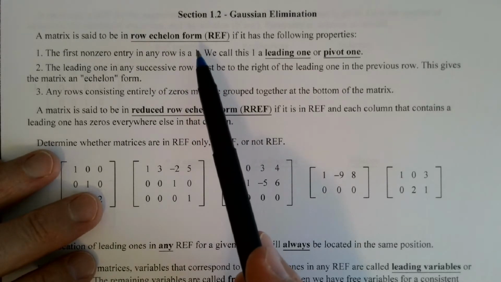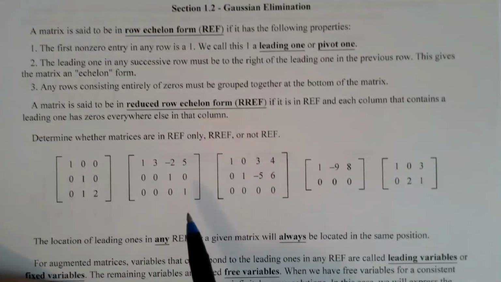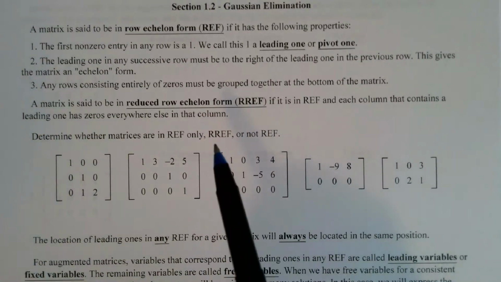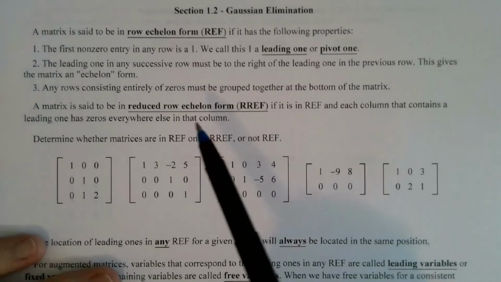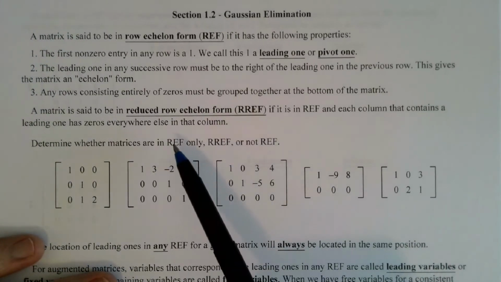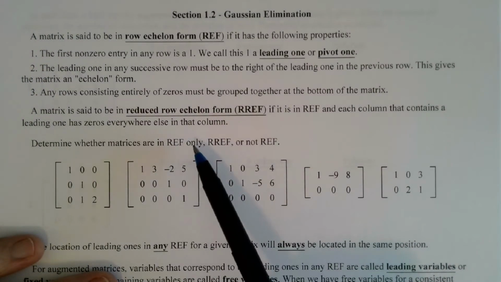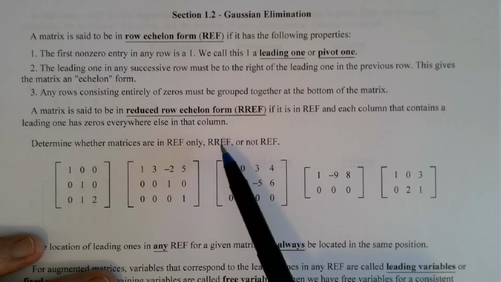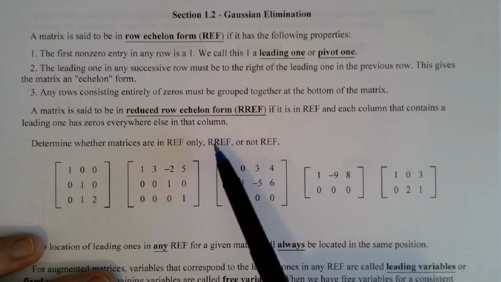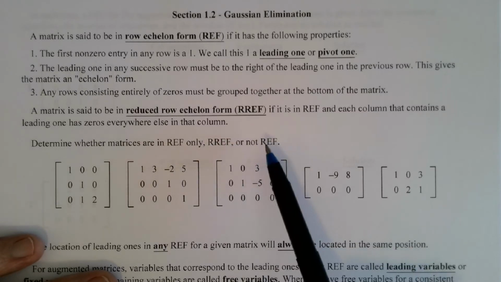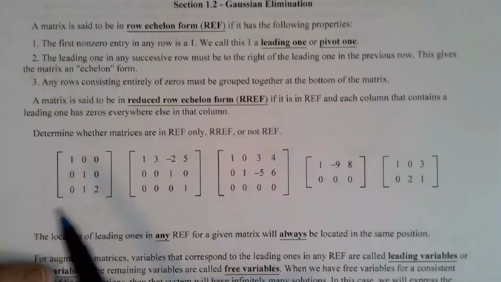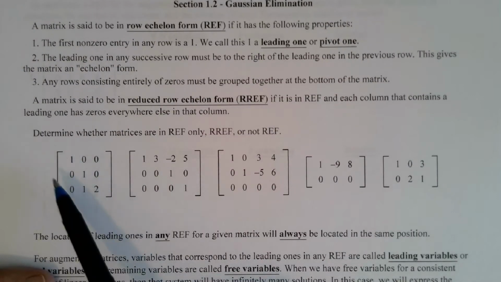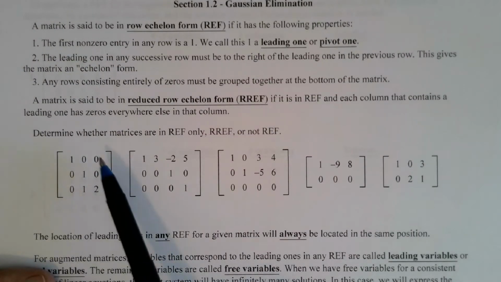Okay, so let's see if we can classify matrices as one of three things: in row echelon form only, meaning in row echelon form but not reduced; in reduced row echelon form, which is a row echelon form that is in particular reduced; or not in row echelon form. Let's take a look. Is this matrix here in row echelon form?